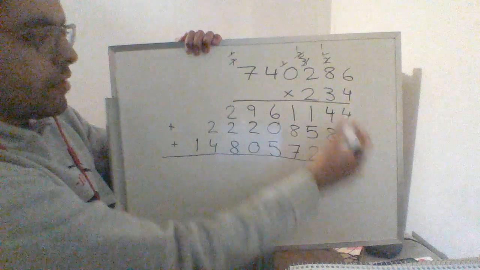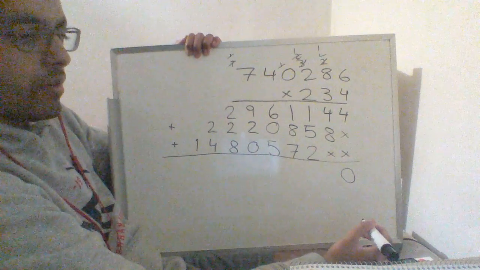So let's do that. We get 4 plus 0 plus 0. That's going to give us a 0. Sorry, not a 0.